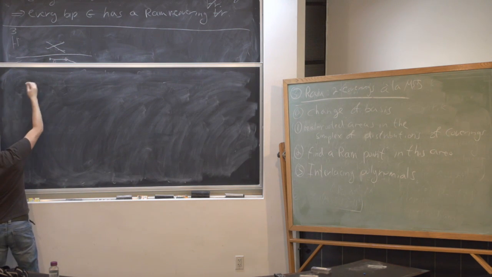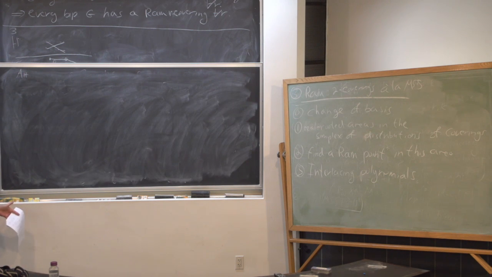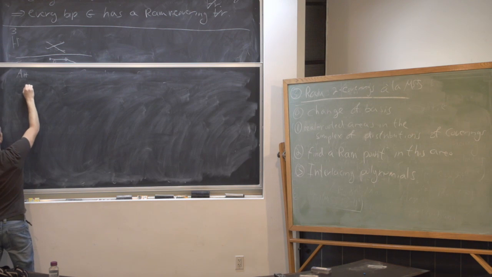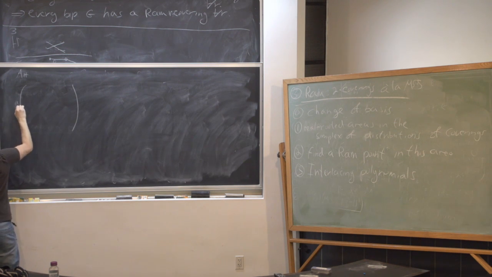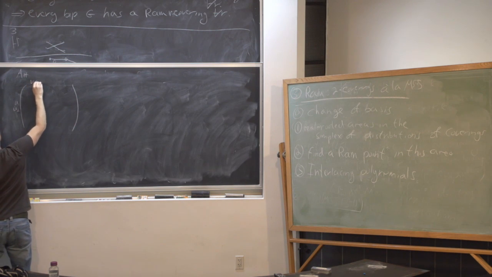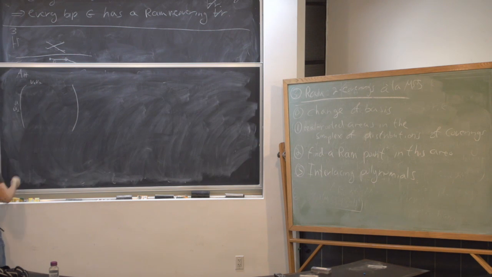So remember that H is this 2 covering of G. So what is the adjacency matrix? Let's say we put here U1 and U2, and here we have V1 and V2. So in general, we have 2n vertices over 2n vertices.